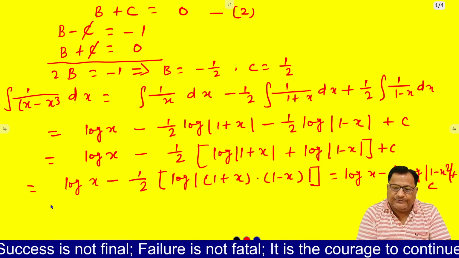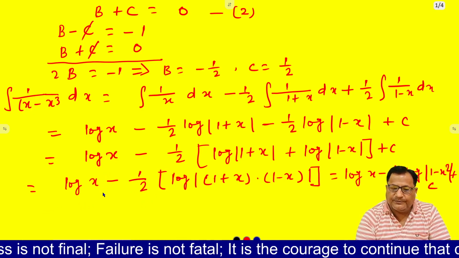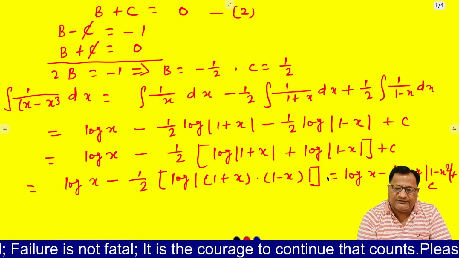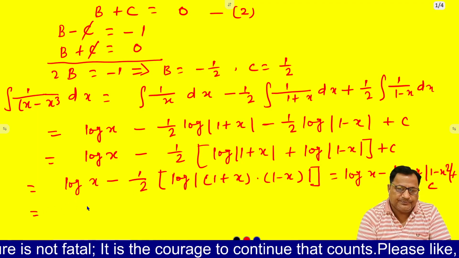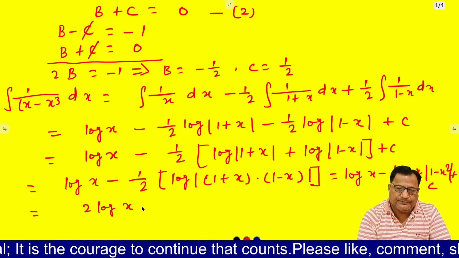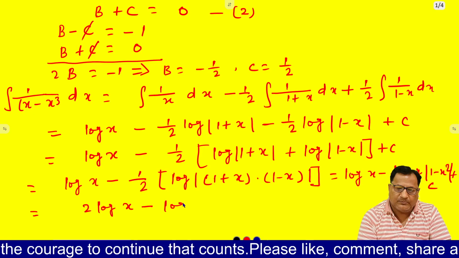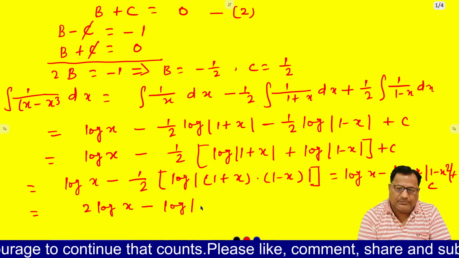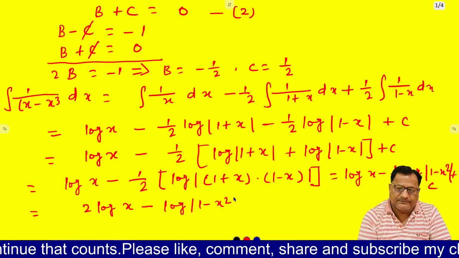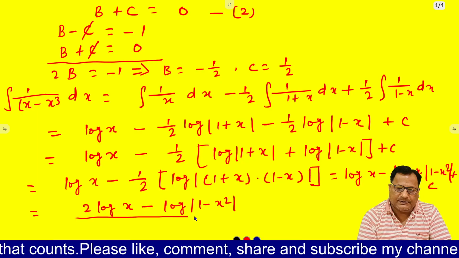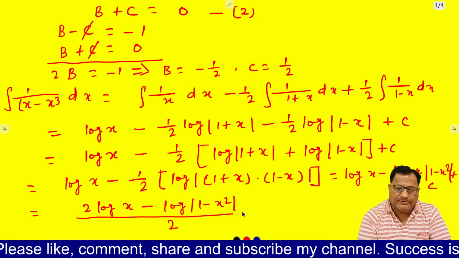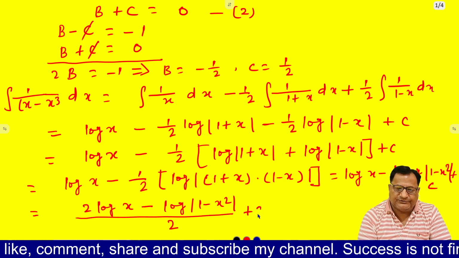Now if we take the LCM, then this will be 2 log x minus log of 1 minus x squared, by 2, plus c.